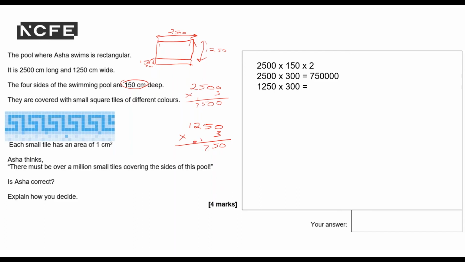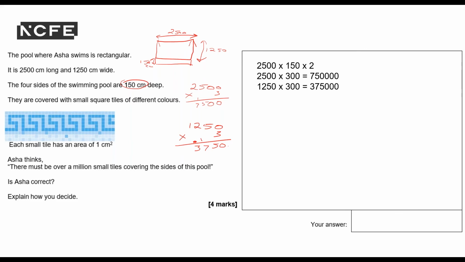Oops, there's no one there. 3 times 1 is 3. Is that about right? Yeah, 3,750. And when it comes to what I write here, I need to multiply by 100. So if I imagine a decimal point there at the end, I'm going to move the number 2 spaces over and write the 2 additional zeros to fill the gaps. So there I've got the area for my 4 rectangles around the edges.